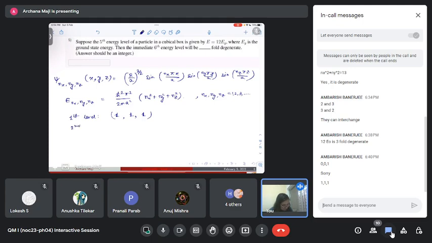For the second level, what can you have? You can have 2 1 1 or 1 2 1, or you can also have 1 1 2. So the second level is basically threefold degenerate, because each of these will give you a different wave function, but the energy will be the same as what comes if you consider nx to be 1, ny to be 1 and nz to be 2.